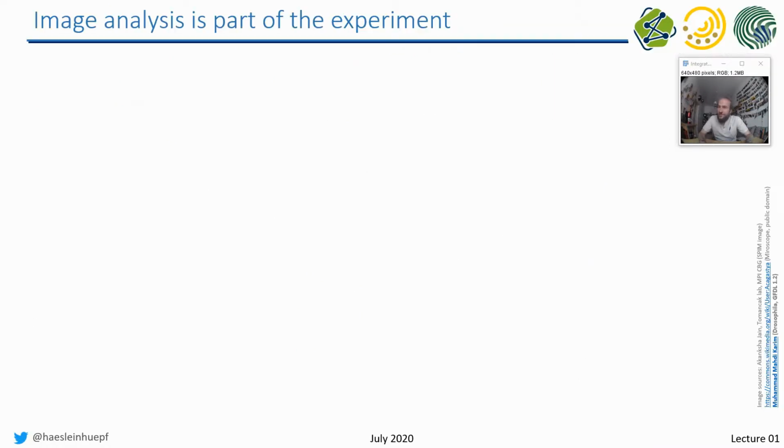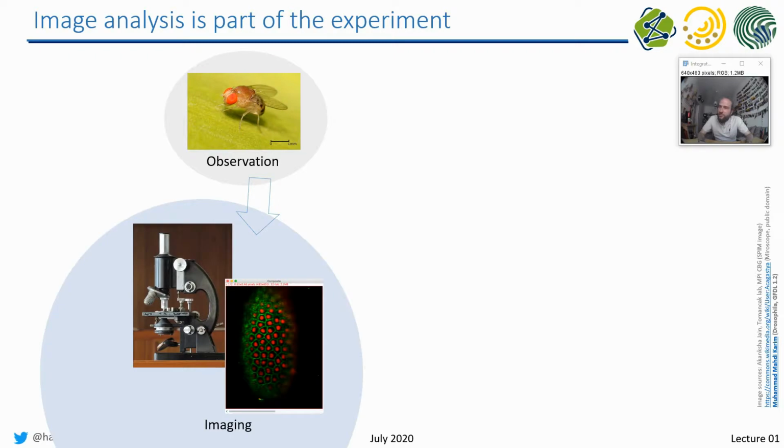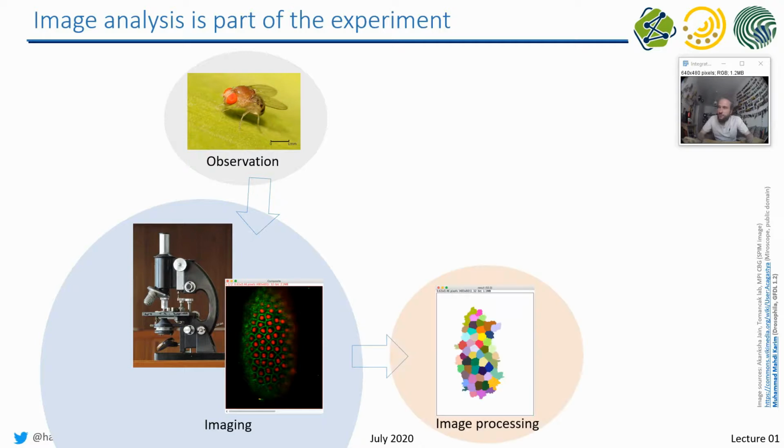Image analysis is a part of the experiment. So when you think again about the observation you have, we see something that's interesting, Drosophila, fruit fly here in this case, and we decide to set up an experiment, do some microscopy, and look at development of a Drosophila embryo, for example, in more detail. And then we do some image processing in order to convert our image coming out of the microscope into an image.